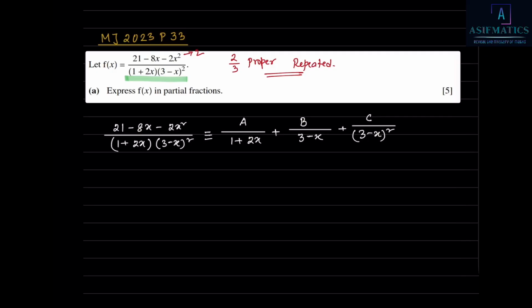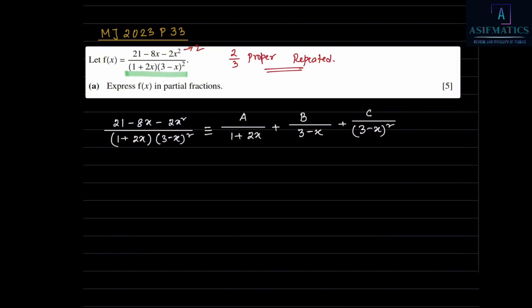We already know if it is a repeated case, then we have to write the whole square form in two different situations. One is without whole square, another one is with whole square.